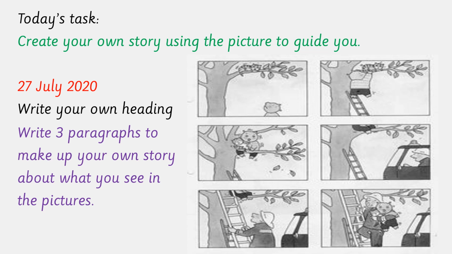So if you finish one sentence, straight away you do your full stop and you start the next sentence next to it. You don't start the next sentence on a new line. But then between your paragraphs, you leave a line open. Okay, so write your paragraphs, 3 or 4 sentences for each paragraph. Leave a line open, do your next paragraph, line open, last paragraph.